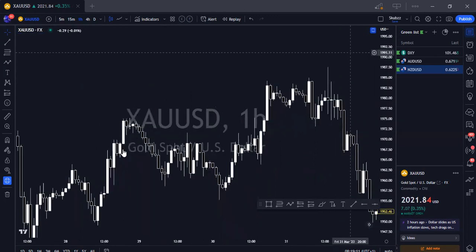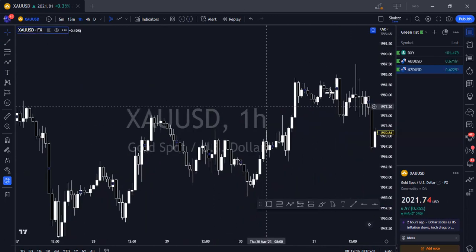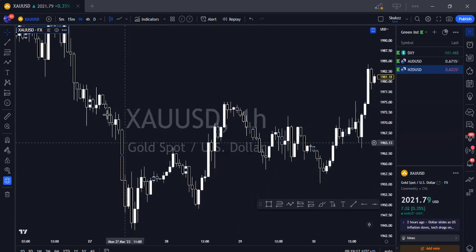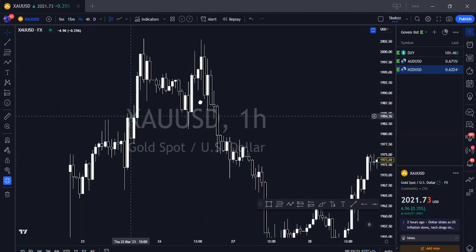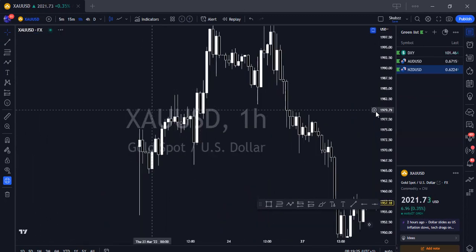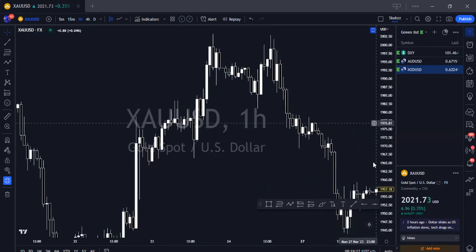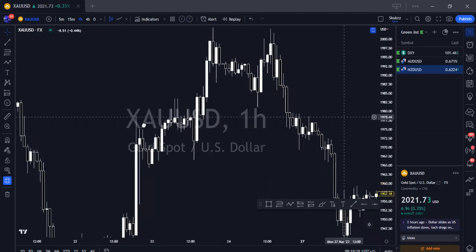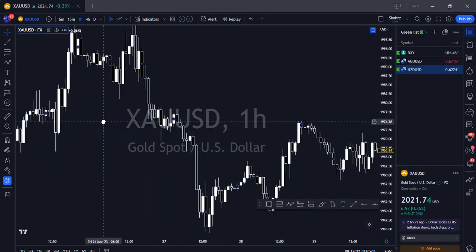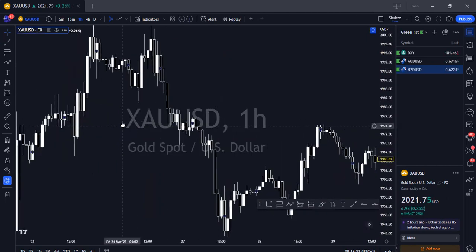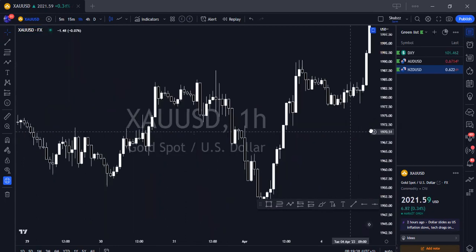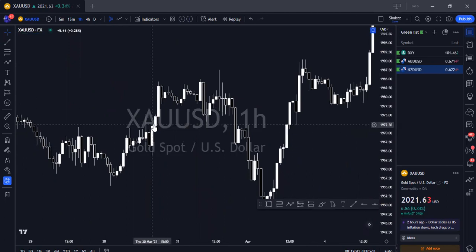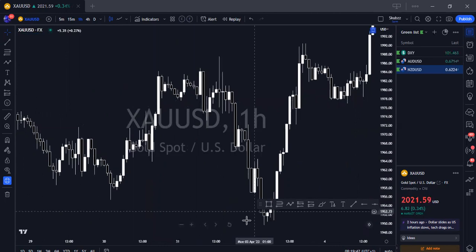No, this is 27th March. Zoom out. Okay, this is 23rd March. You have passed it. Okay, sorry, 31st March. This is 30th, this is 31st. Zoom out a bit.